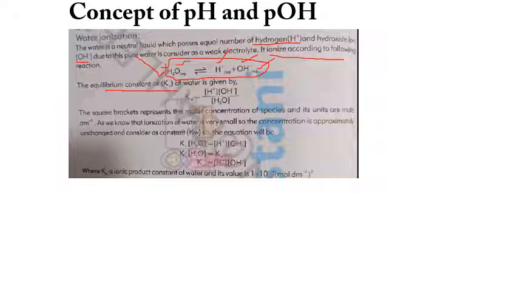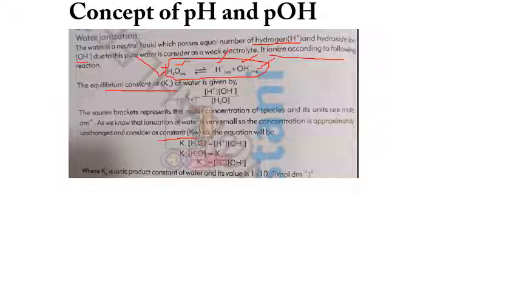Now square brackets represent the molar concentration of a species, and its unit is mole per decimeter cube. As we know, the ionization of water is very small, so the concentration of H2O is approximately unchanged and considered constant. So Kw is used for the water equilibrium constant.